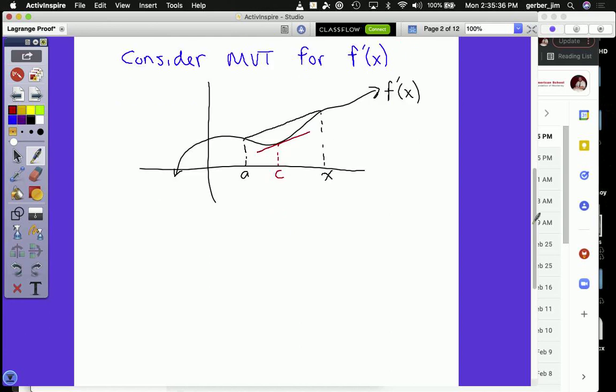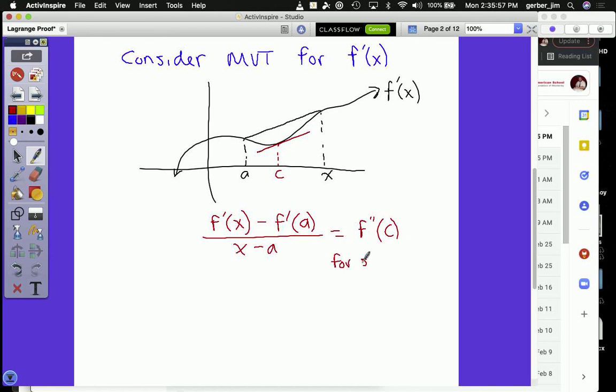So now the mean value theorem gives me that f prime at x minus f prime at a over x minus a is equal to f double prime at c, right?